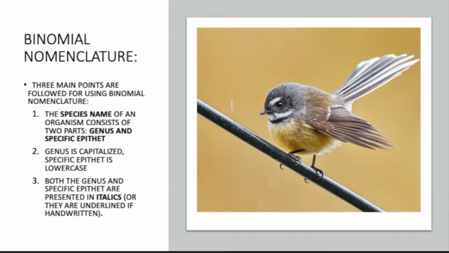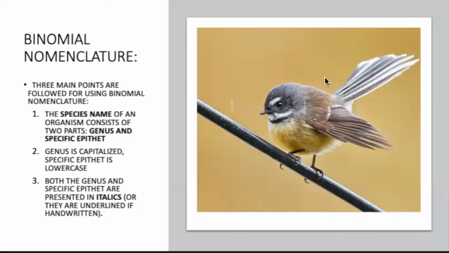Notice I said specific epithet and not species. Here's an important thing I want you to know: genus and specific epithet combined are a species. That name that you're going to write down is the species. So I thought we could play with it here.